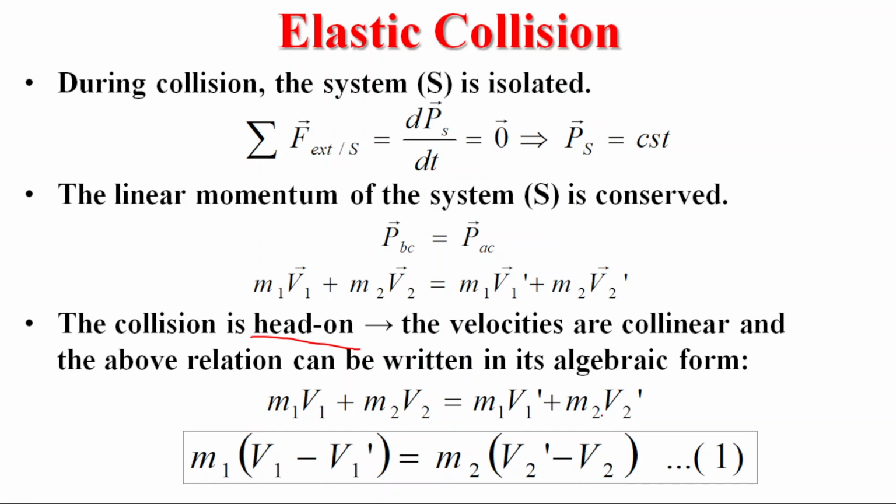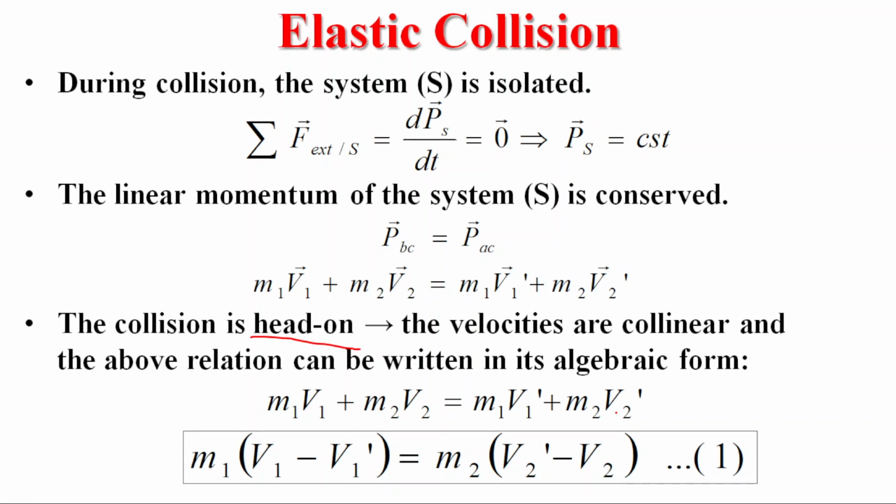Now, as you see, again our objective is to find v1 prime and v2 prime. Here I cannot continue because we have two unknowns and one equation. If we need to find two unknowns, v1 prime and v2 prime, we need two equations.